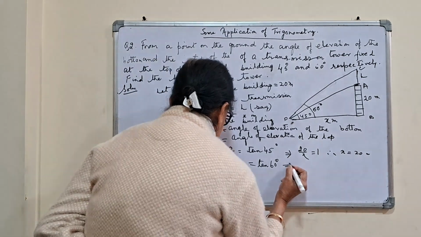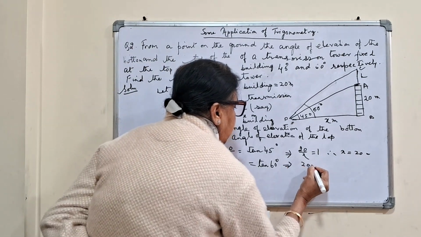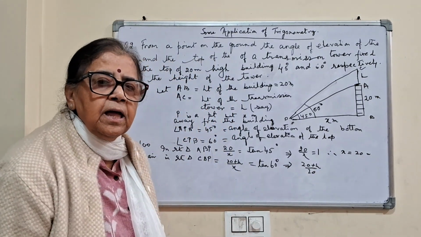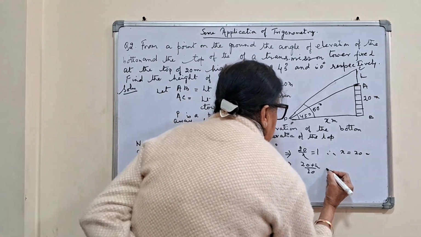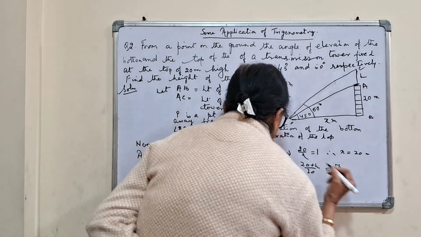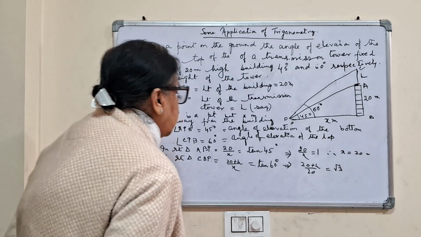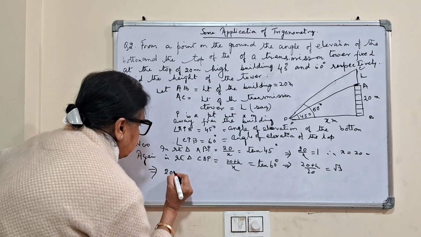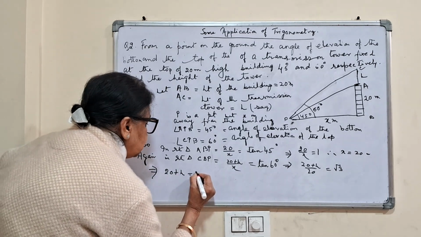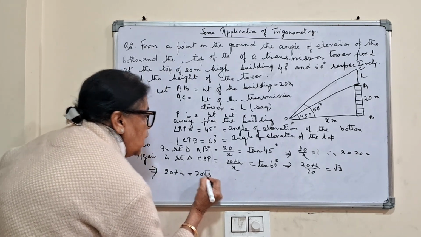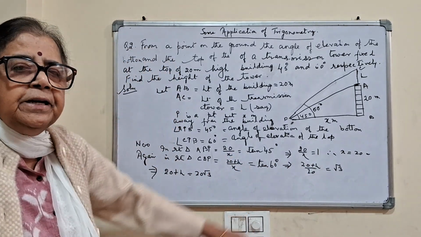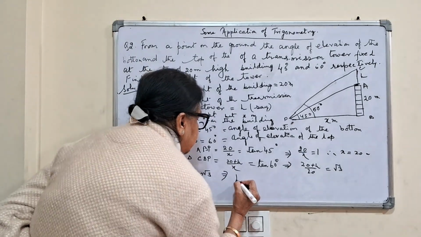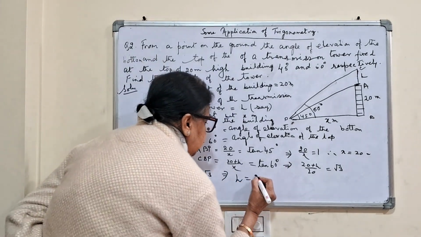Therefore 20 plus H divided by 20, as we have already found X is 20, is equal to tan 60 degree, which is root 3. This implies 20 plus H is equal to 20 root 3.